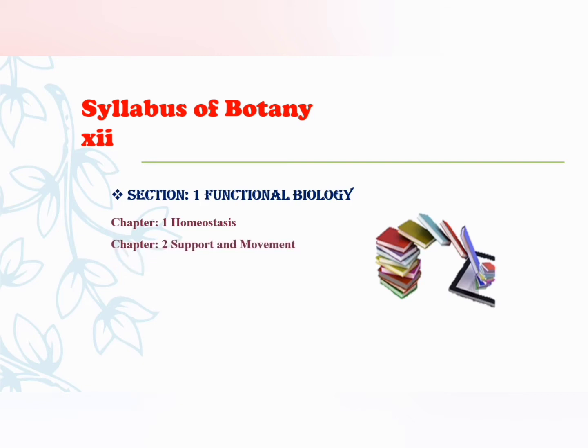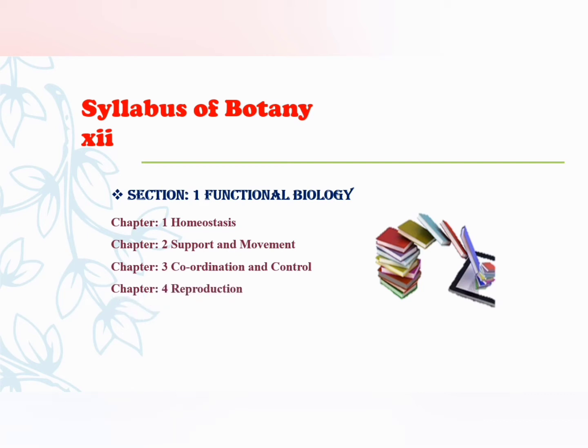Chapter number 2 is support and movement. We will discuss here plants' tissue system and how plants move. Chapter number 3 is coordination and control. In this chapter, we will discuss plant hormones and their role in plant growth.